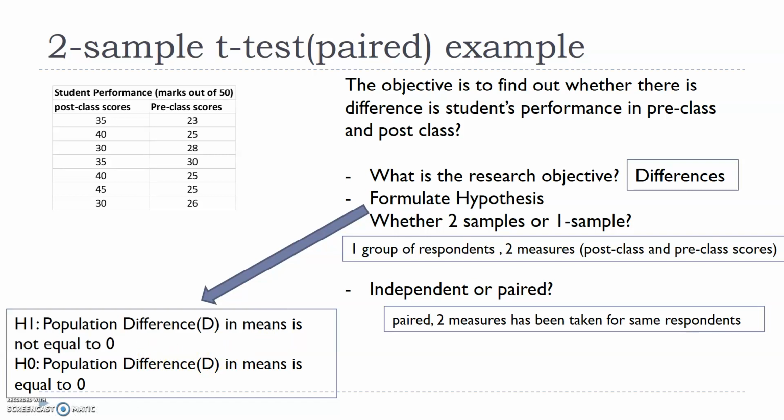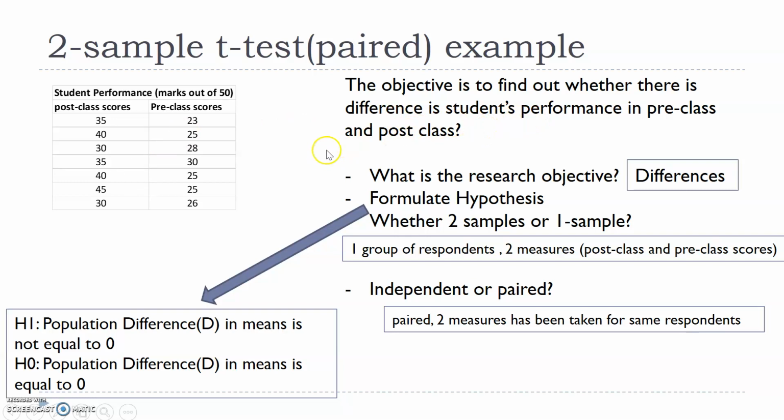My objective is not to understand whether the post-class score is better than the pre-class score or lesser than it. Whenever there is a directional property, that will be a one-tail test. Whenever there is no directional property, and I do not want to test any direction, it will be a two-tail test. So in this particular case, it will be a two-tail test. But let me tell you how to conduct a one-tail test.